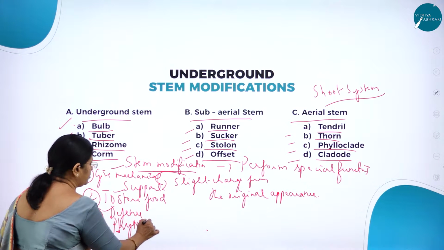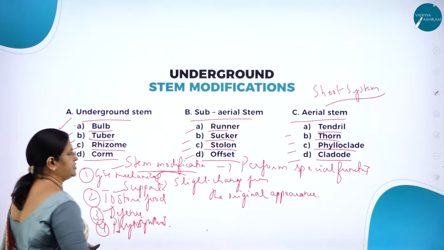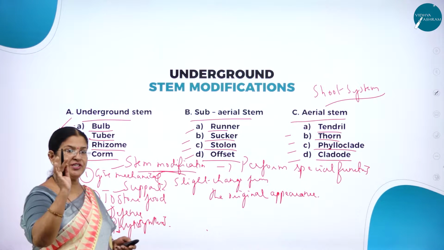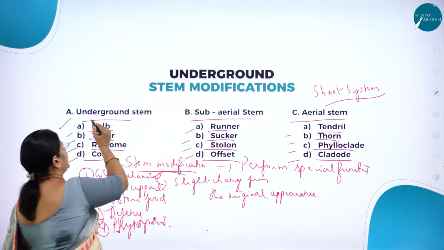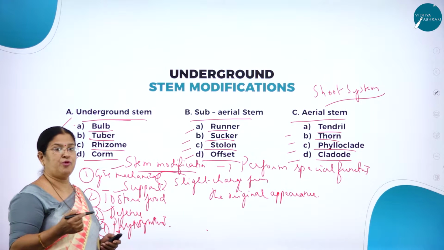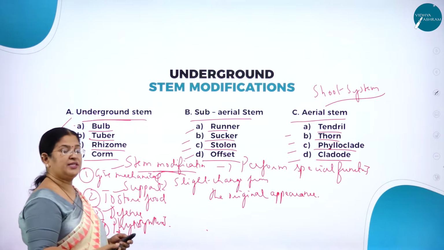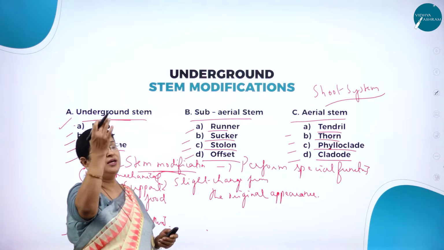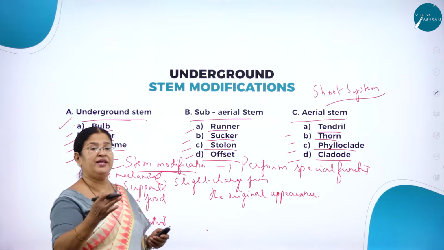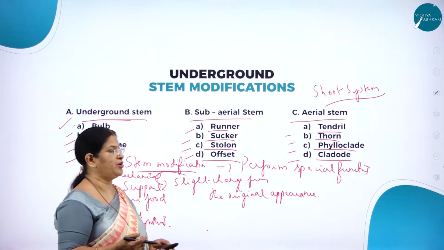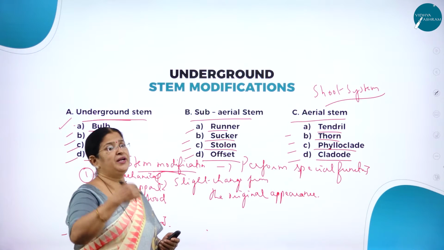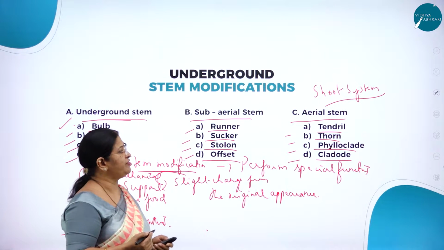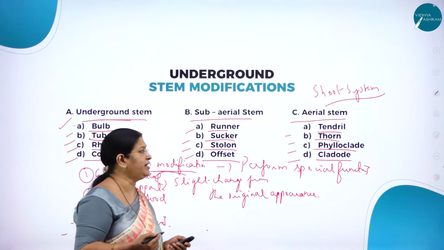Then as I said, we classify the stem modification into three modifications. Underground stem modification, that is below the soil. Subaerial, neither underground nor aerial, in between. And aerial, completely above, that is in the air. Tendril, thorn, phylloclade and cladode.